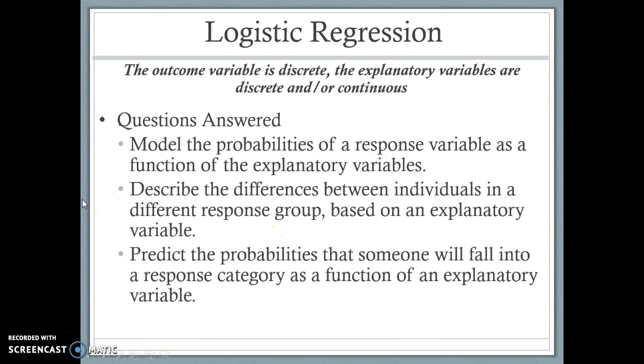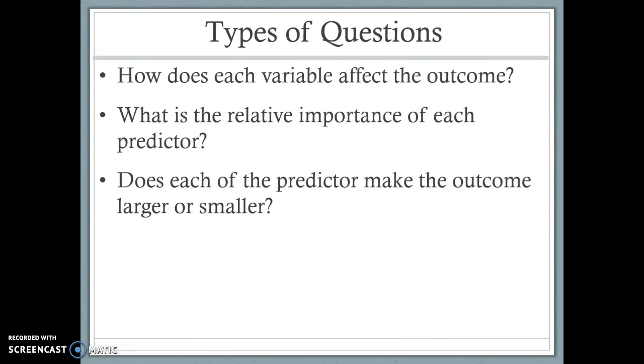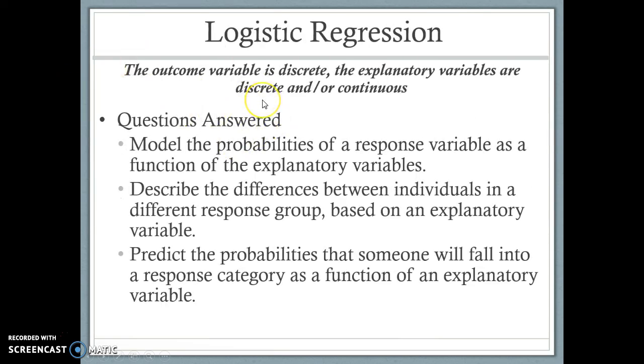Because we're using those discrete variables and we don't have a continuous variable as our outcome, we're answering the same types of questions, but slightly differently. So instead of looking at how each variable affects the outcome, we want to model the probabilities of a response variable as a function of the explanatory values.